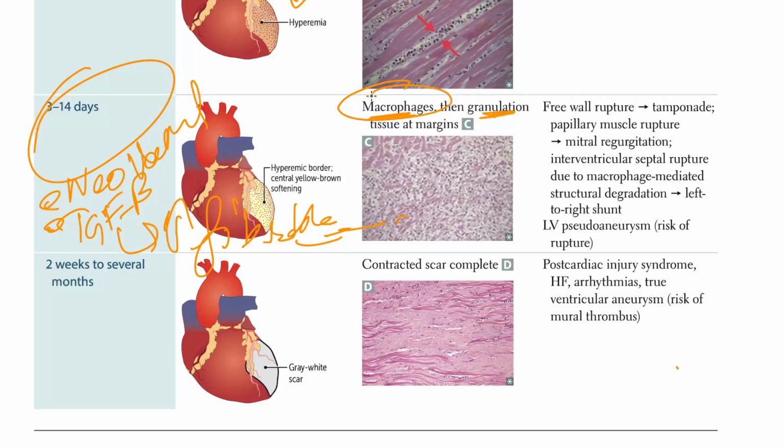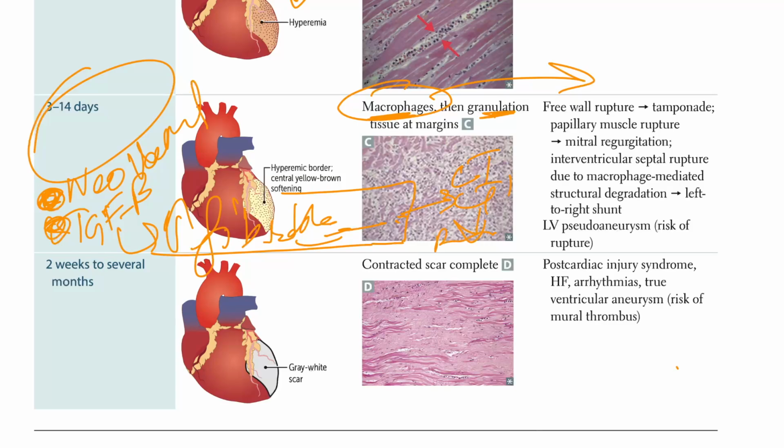So the macrophage is trying to eat the dead cells while the body is trying to make new blood vessels and trying to bring in the fibroblasts so that they can proliferate, migrate, and also lay down collagen type 1 and type 3 here, and that can lead to proper remodeling, which is called collagen remodeling, and formation of scar.